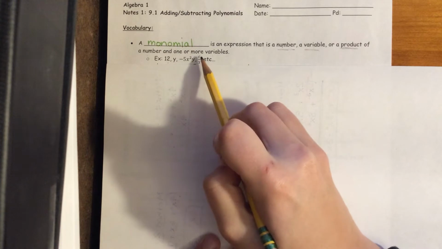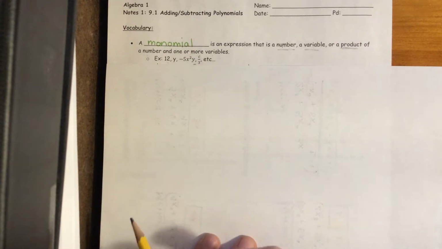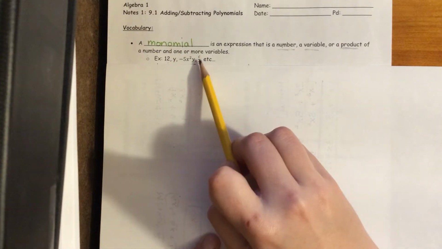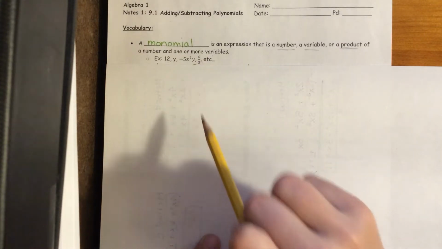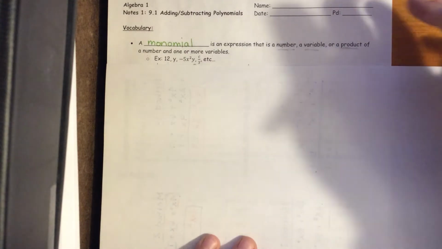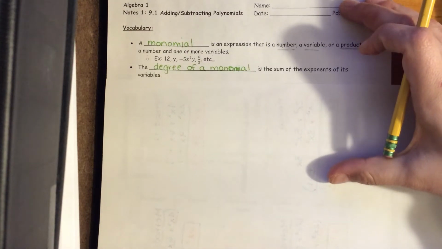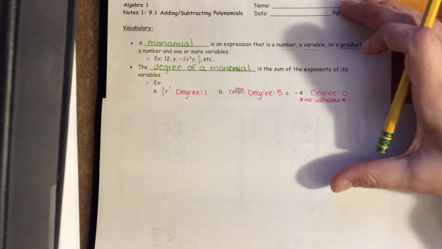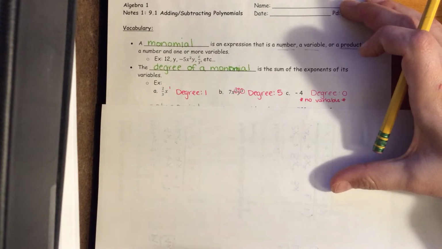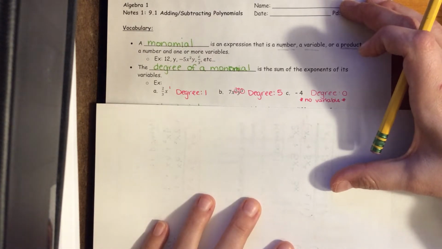So here's another example. C divided by 3, or C over 3. Again, monomial because the operation between the two is division, not addition or subtraction. So if we are adding and subtracting terms, it becomes a different type of polynomial.